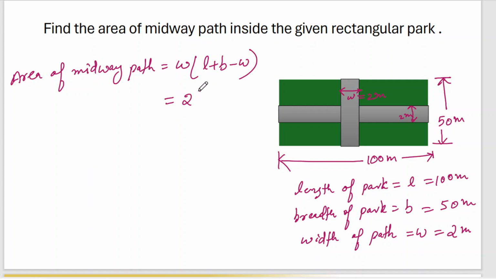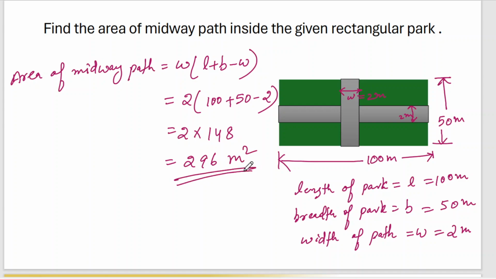W is 2, L is 100, plus breadth 50, minus 2. So we will get 2 into 150 minus 2, that is 148. So we got 296 meter square as your answer.